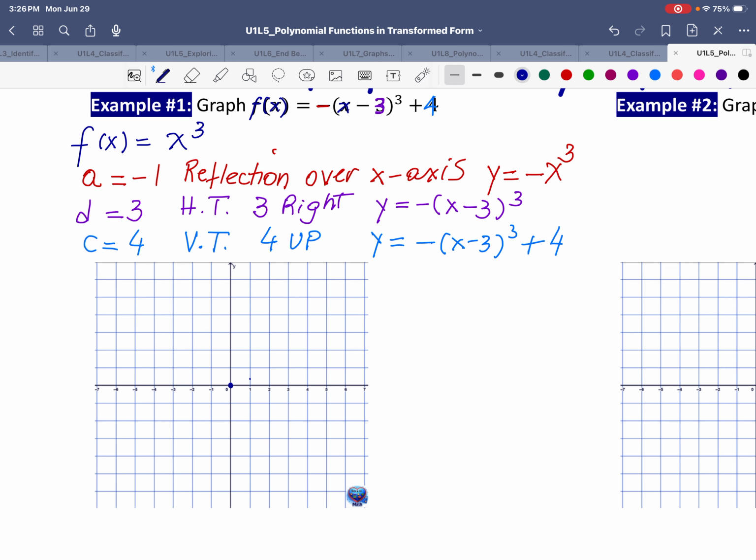When x equals 1, 1 to the power of 3 is 1. So that will make the value of y equal to 1. But let's set up a scale in here. We're going to let two units be represented by 1 square. So we have 2, 4, 6, 8, 10, 12 in here. We can go 14 if you wish. Okay, so we go negative 2, negative 4, negative 6, negative 8, negative 10, and then negative 12 here.